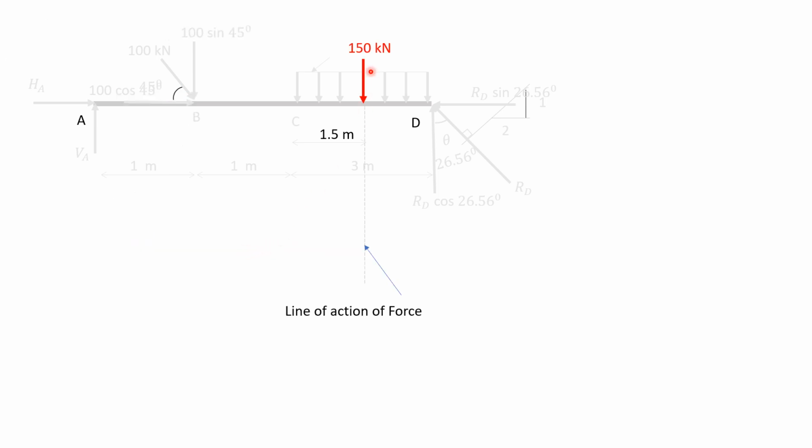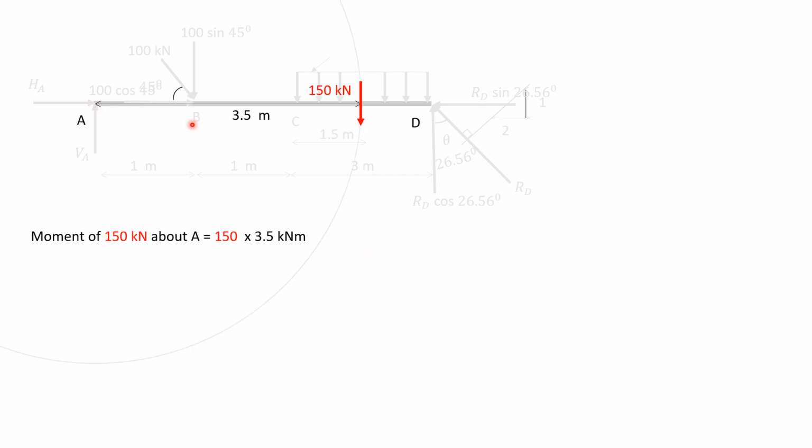Now, taking moment of this 150 force, it will have perpendicular distance about point A of 3.5 meters, and it will rotate about point A clockwise. So it will have magnitude of moment of 150 into 3.5.